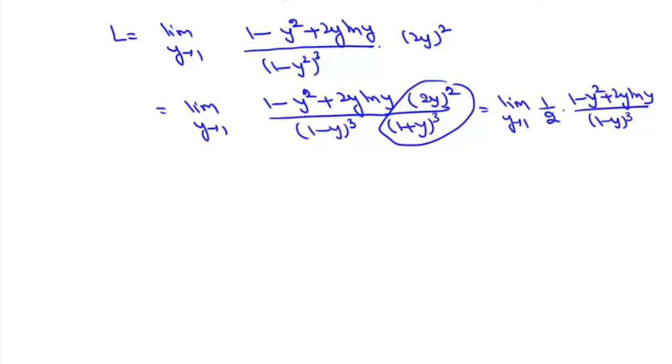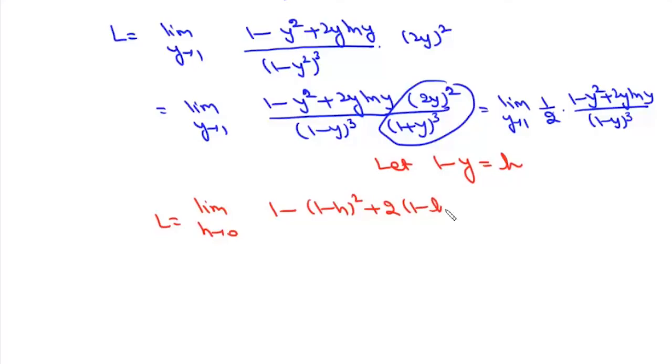Now for this, what we'll do is we'll let 1 minus y as h. So it will be this limit h tends to 0, and this is 1 minus h whole square plus 2 into 1 minus h into log 1 minus h upon h cube.